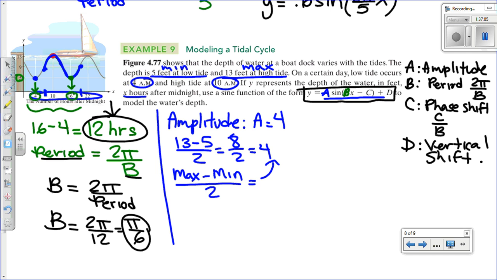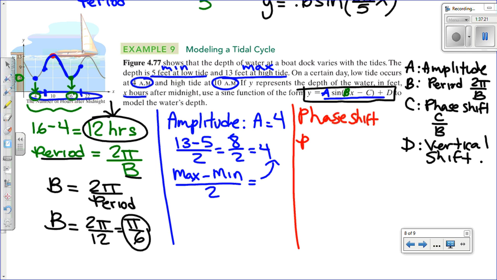Now, to figure out the phase shift, let's work with the formula that we know for phase shift. Let's call it P for phase shift.